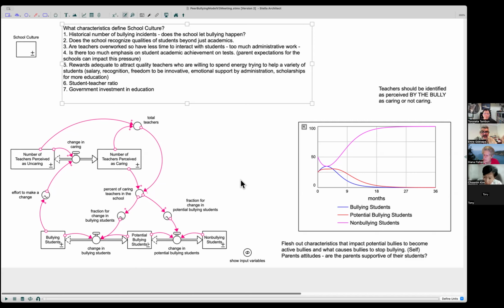I can convert this to a Vensim file and send both of them, the Stella file and a Vensim file. It is just a save as command, so it's not very hard to do. I can send both of them. Yeah, very nice.